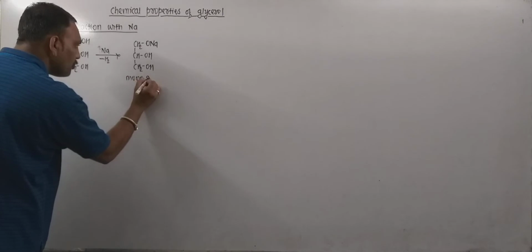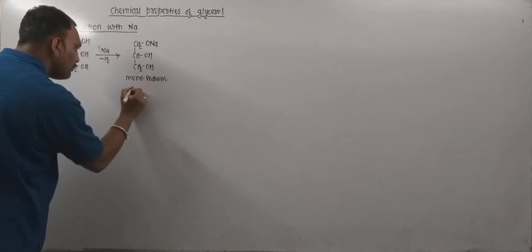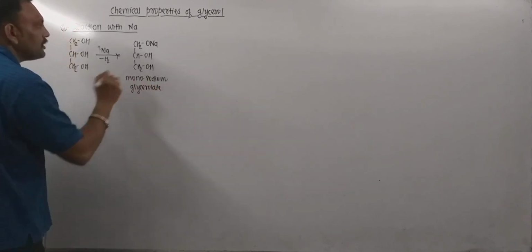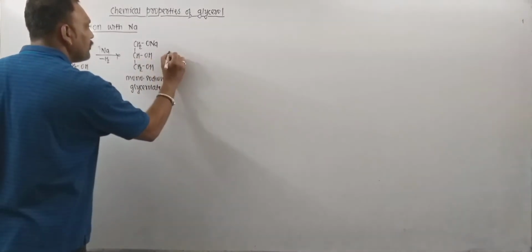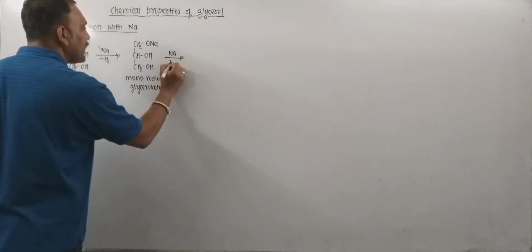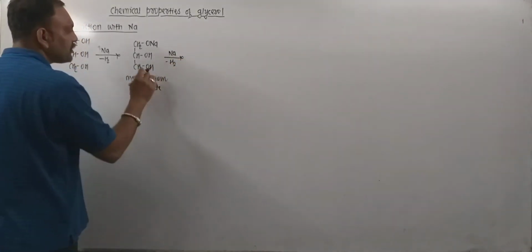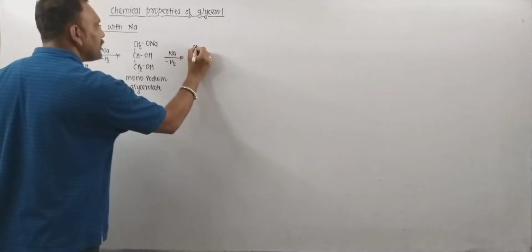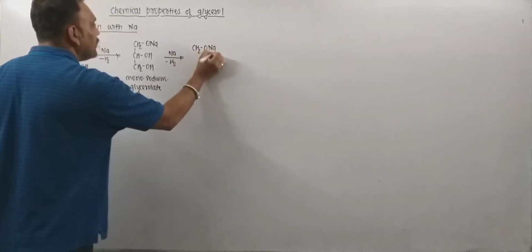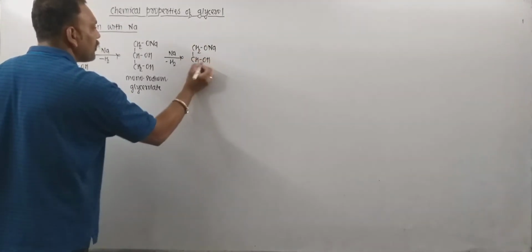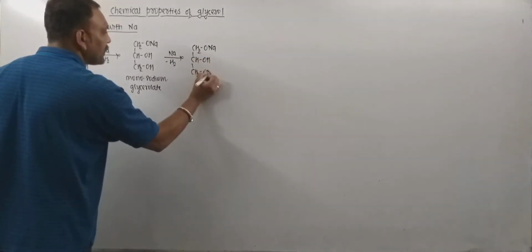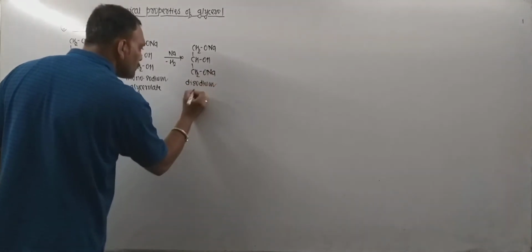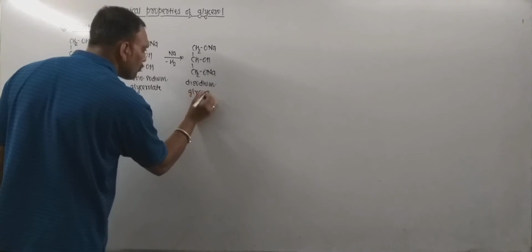This is called as monosodium glycerolate. Now this monosodium glycerolate further reacts with sodium again, thereby release of hydrogen takes place, and sodium displaces this hydroxyl hydrogen now, and that lead to the formation of a species that can be given as, this is disodium glycerolate.